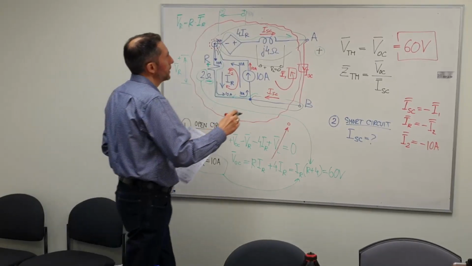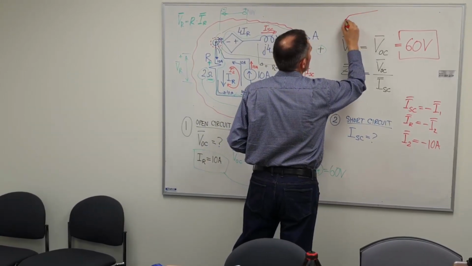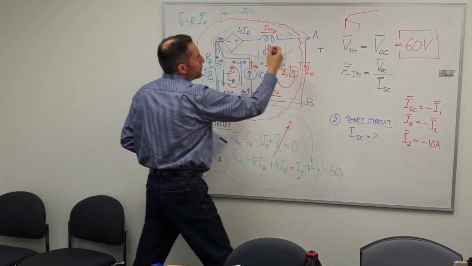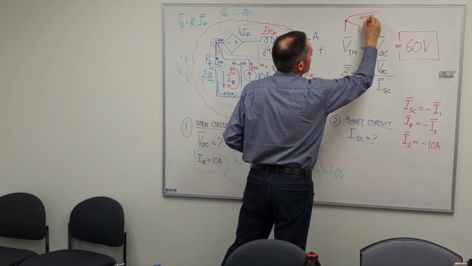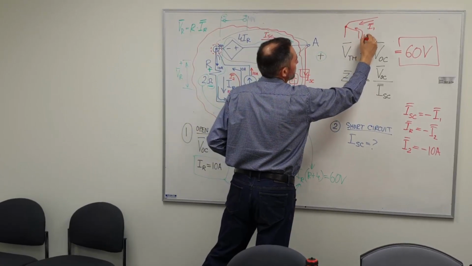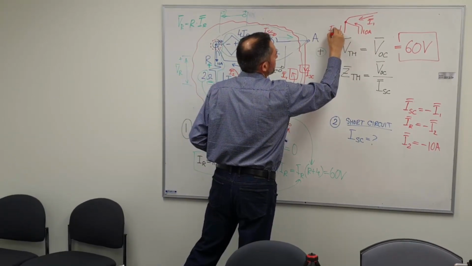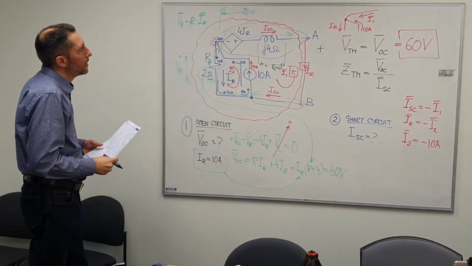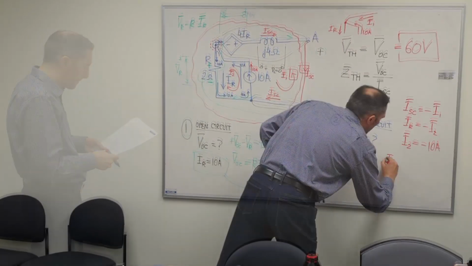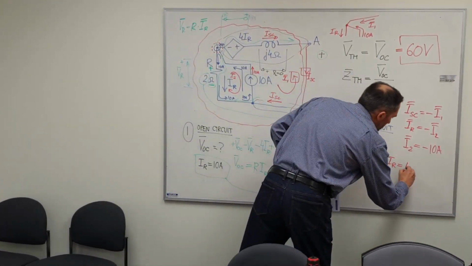I'm not sure if you see that, but let me just mark that node like this. So if you look here, I have I1 coming from there. So this is my I1. I have 10 amps coming from this source. And I have IR coming down. So what I can do is, I can say IR equals I1 plus 10 amps.